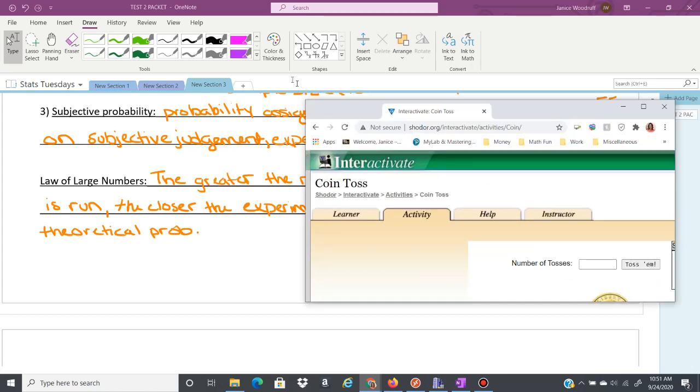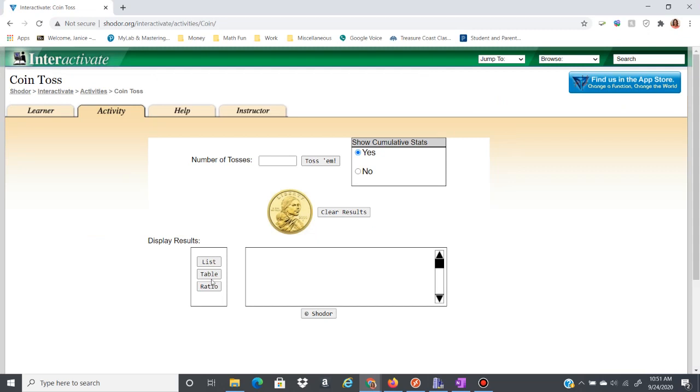So for example, okay, I pull this up here. So let's say we toss the coin 10 times. Okay, here's my results. I get 4 heads, 6 tails. Okay, so that's a 0.4 probability for heads.